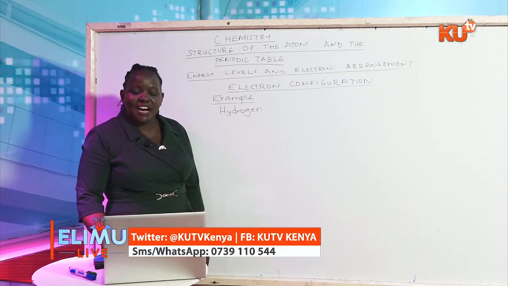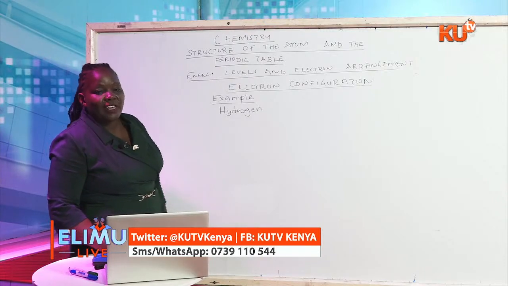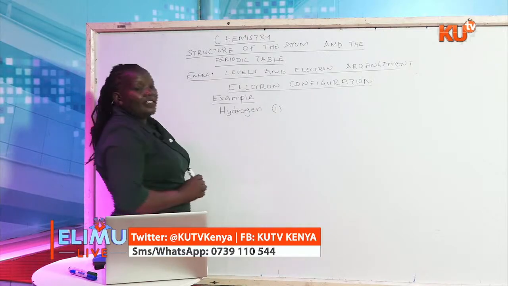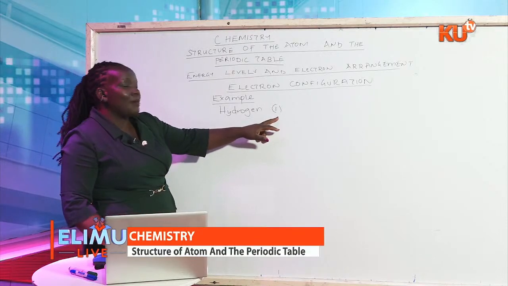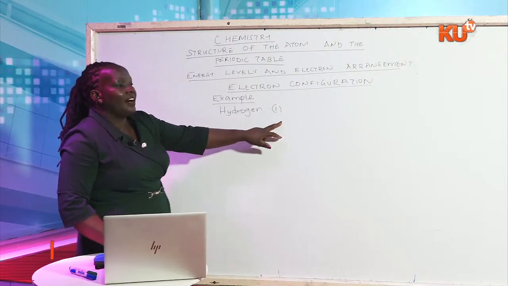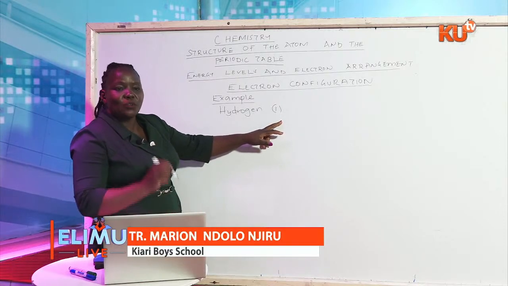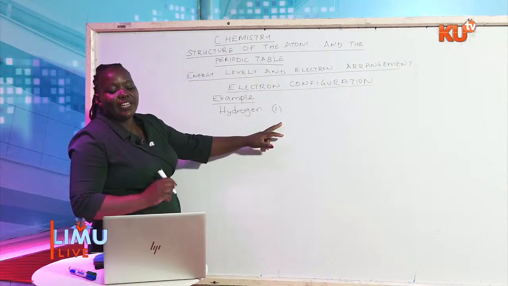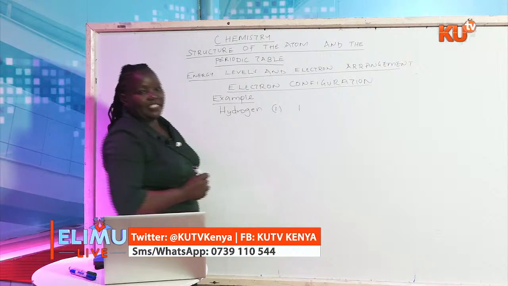Correct, the atomic number of hydrogen is 1. So because hydrogen is atomic number 1, it means that its atom has 1 electron. That 1 electron is in the first energy level because it has only 1. So the electron configuration or electron arrangement of hydrogen will be 1, just like that.